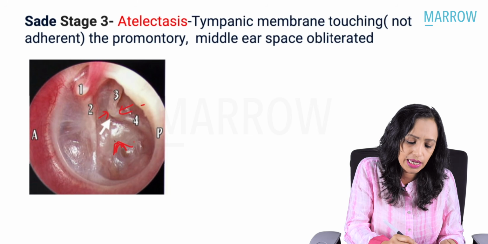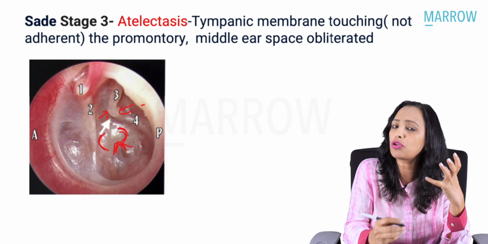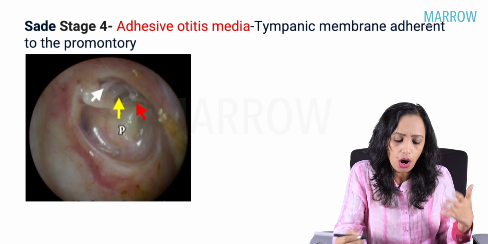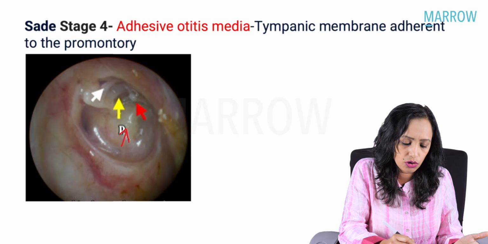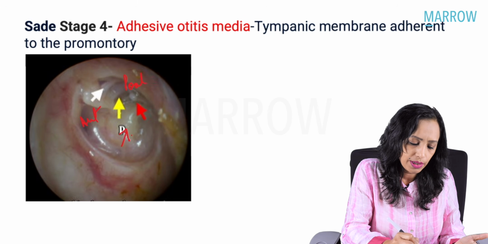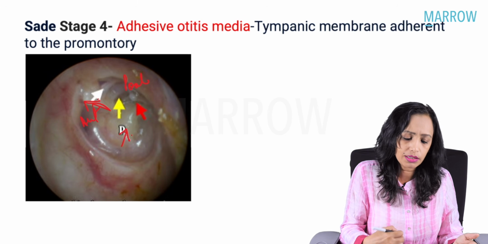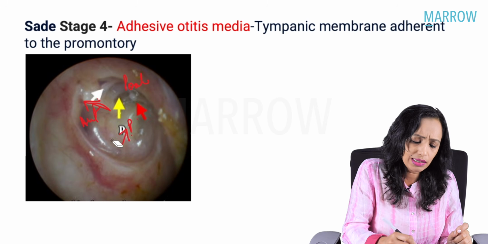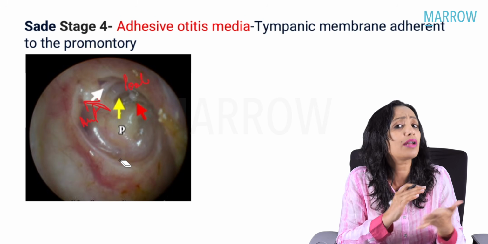But here we are also seeing that this bulge, the promontory, is appearing very prominent. So yes, it is lying on the promontory. This is the anterior part and this is the posterior part. This is the handle of malleus, like this. Yes, so this is the promontory part. Can you make out whether this is just touching the promontory or is adhered to it?